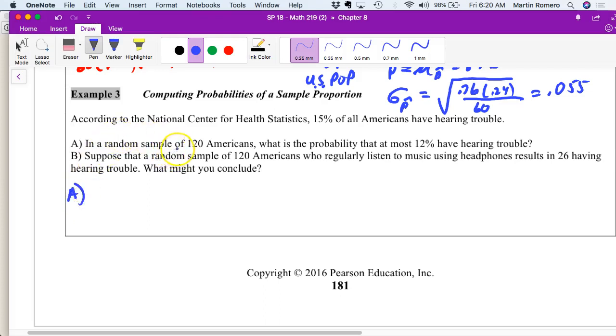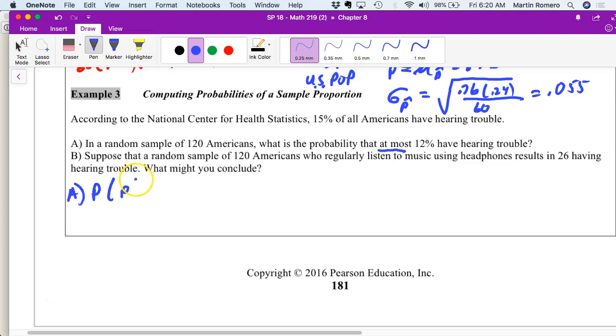Let's go on to example 3. Let's do A. In a random sample of 120 Americans, what is the probability that at most 12% have hearing trouble? At most is a key term. So really what we're calculating here, go back to chapter 8.1, 7.2, is the probability that p hat is at most 12%.